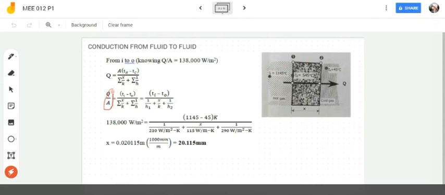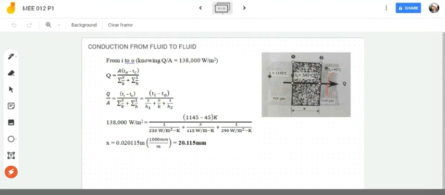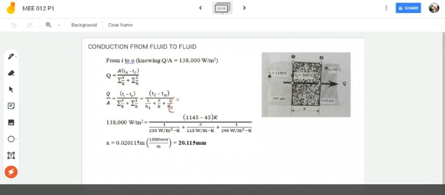Q over A is equal to Ti minus To, over the first resistance, this hot gas, which is 1 over H1, and then this wall, which is X over K, plus the resistance here, which is 1 over H2.